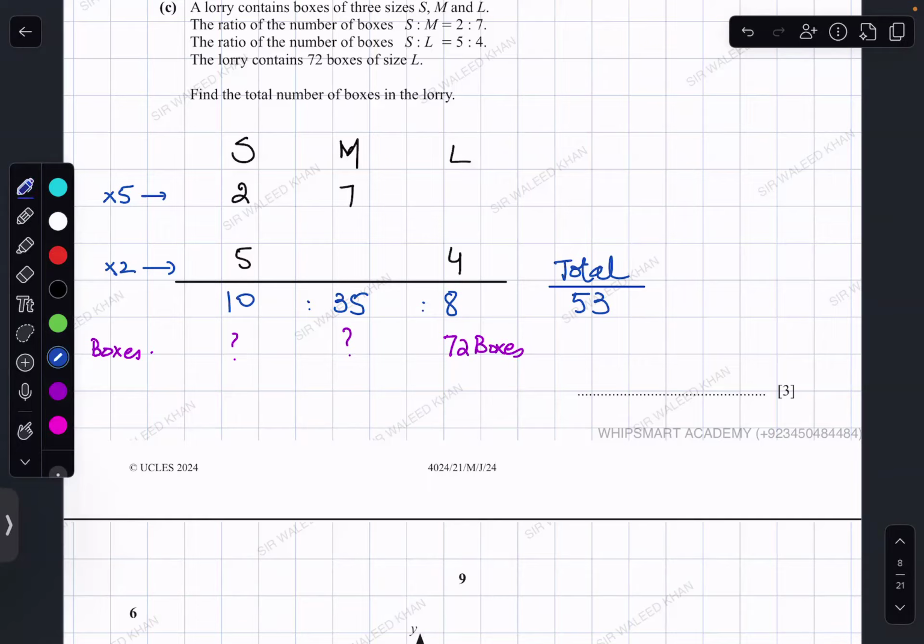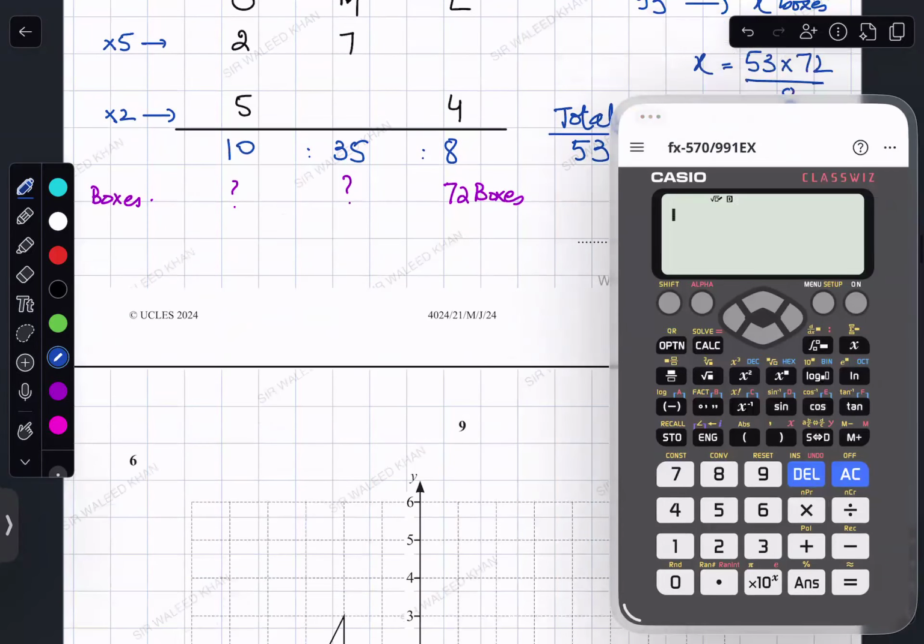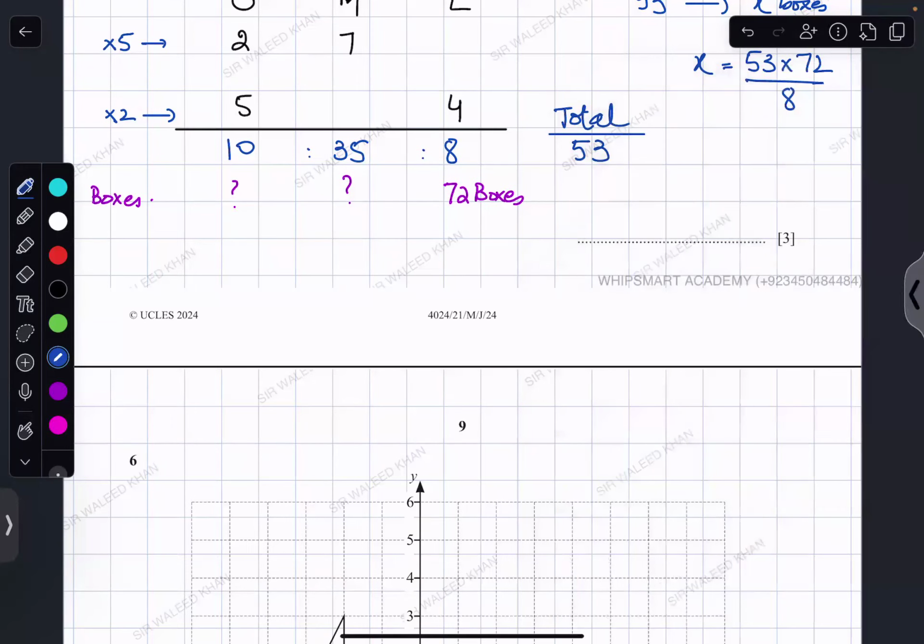So if 8 parts or 8 ratios are representing 72 boxes, then 53 must be representing, let's say, X boxes. So 53 times 72 divided by 8. Four 77.